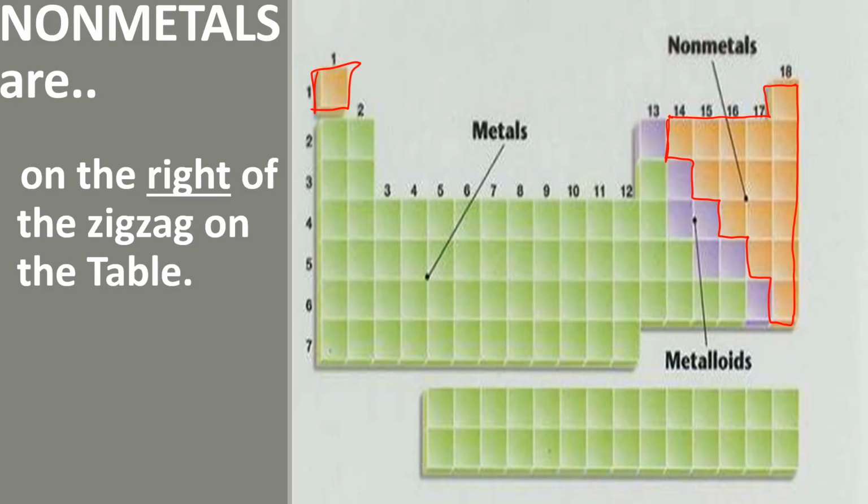Some will argue that hydrogen can either be placed here in group 1 or you could possibly transport it to be on top of group 17. There are good points on both ends because of the way the valence electrons are and the way that hydrogen acts.